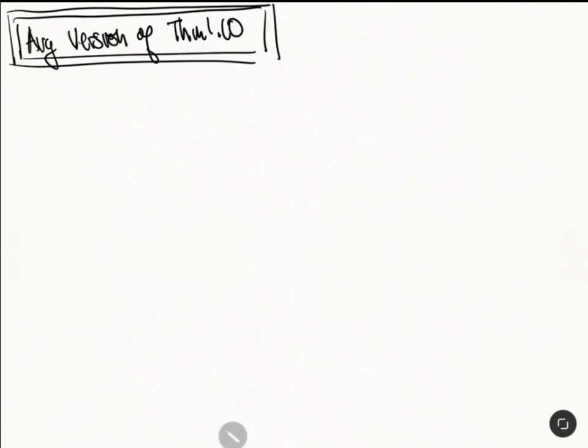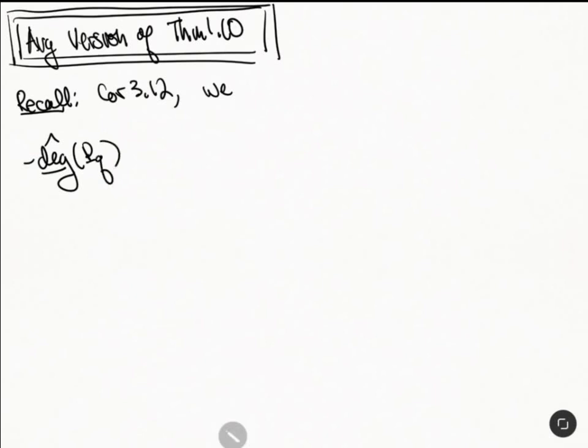So recall that, assuming corollary 3.12, after averaging we have the following. Minus the degree of pq is less than or equal to a bunch of expectations.